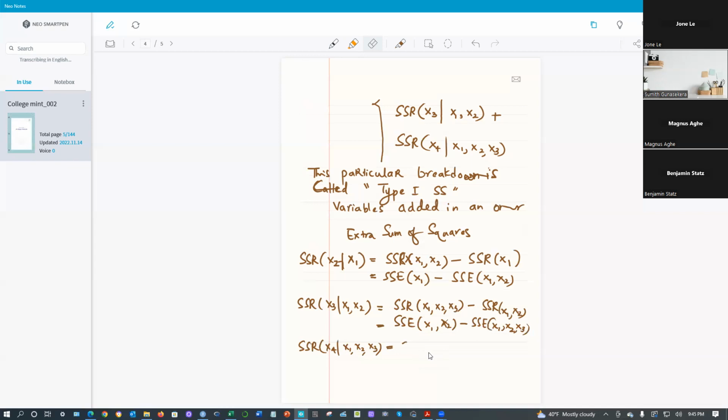So this is nothing but sum square regression of x1 comma x2 comma x3 comma x4 minus sum square regression of x1 comma x2 comma x3, which is the same as sum squared error of x1 comma x2 comma x3 minus sum squared error of x1 comma x2 comma x3 comma x4.